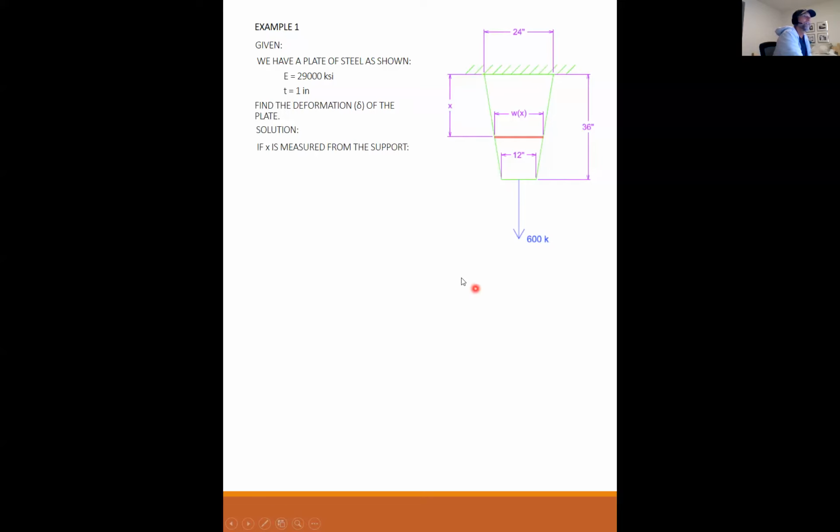Okay, well, if X is measured from the support, like so, then the width of the plate is a function of X. So let me stop here for a moment. Of those three variables that I mentioned, the normal force, the area, and Young's modulus, which ones are a function of X and which ones are fixed or constant?